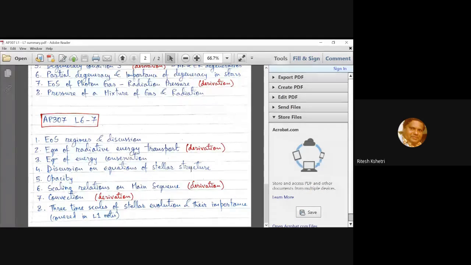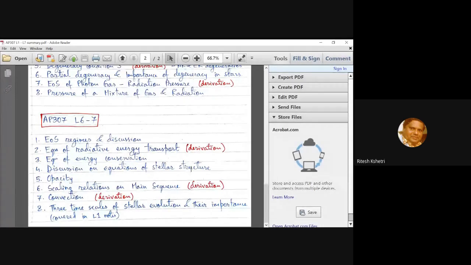What are the various sources of absorption, and how can we characterize them or understand them in terms of empirical relations? We talked about Kramers' opacity rule, and then there was a very interesting discussion on the actual usage of these first order differential equations, how to use them in the simplest way possible and arrive at relations which can give us a physical picture inside the stars.